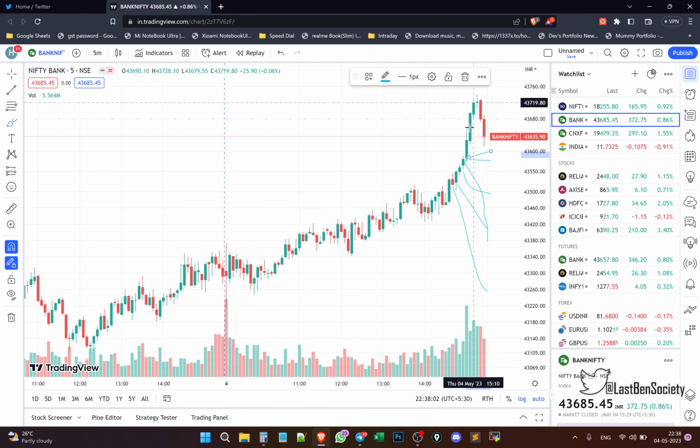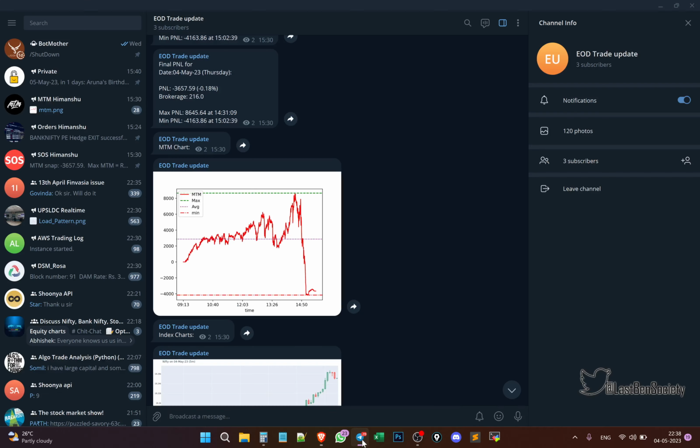But in these four candles, these 20 minutes from exactly 15 o'clock, I lost all the money that I had made in the first half.